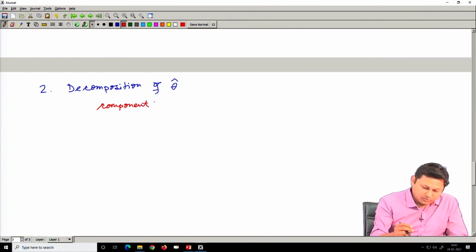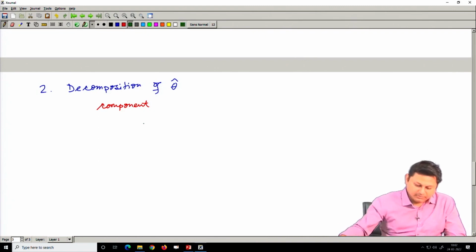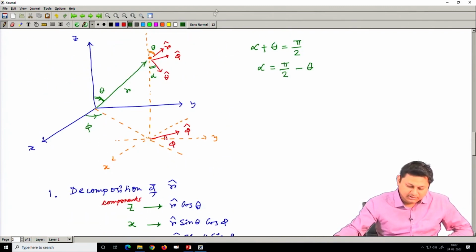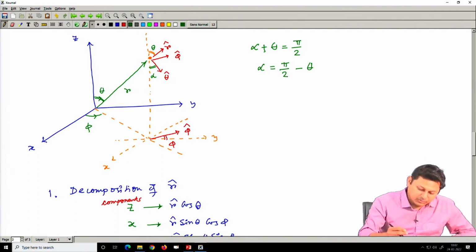So, which component do I go for first? Let us first check theta. You can see that theta is hanging here with an angle alpha. The first thing we can do is decompose this theta along the z direction, but you can see it is going in the downward side.